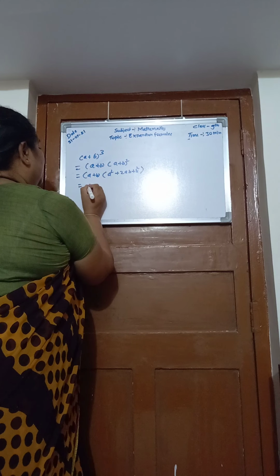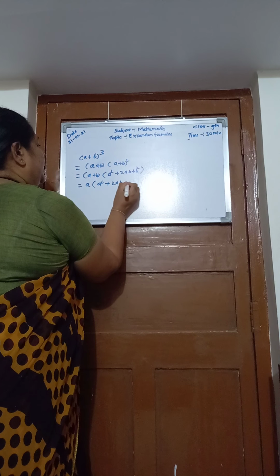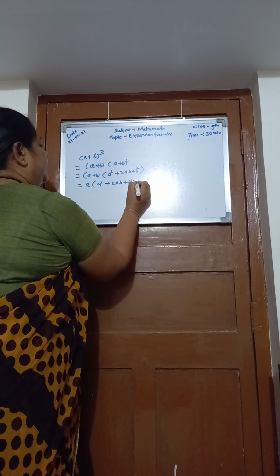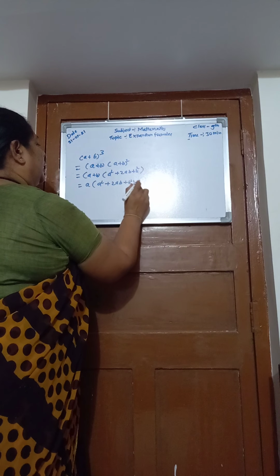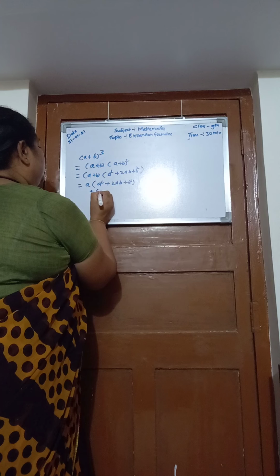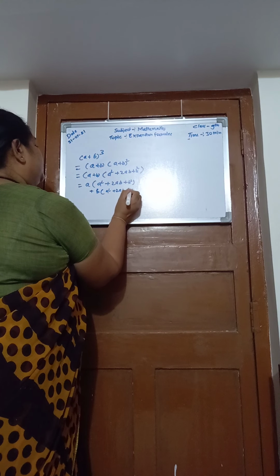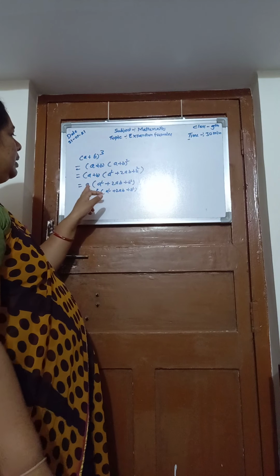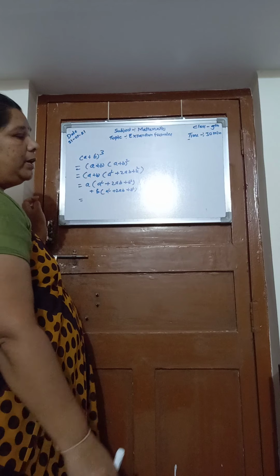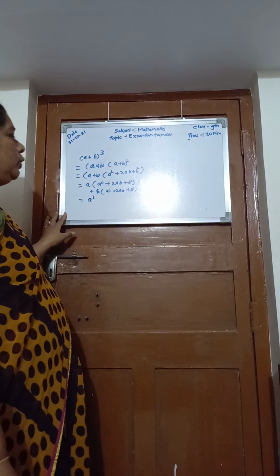Then we can write it as a into (a square plus 2ab plus b square) plus b into (a square plus 2ab plus b square). A into a square is a cube.